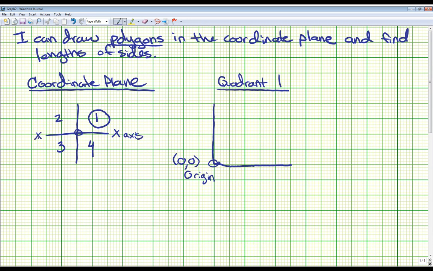This is my x-axis, so I'll label that on this one too. And then this line that goes up here, which means it goes all the way up this side, that's going to be our y-axis. And I'll label it over here too. So we have these 2 lines, our x-axis and our y-axis.